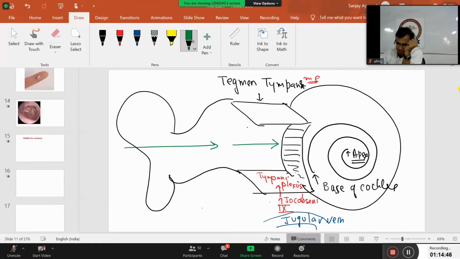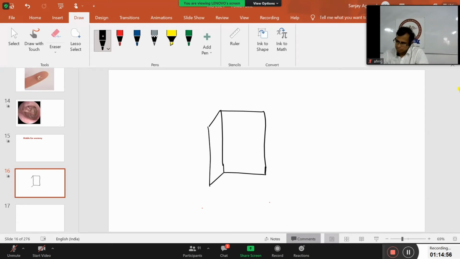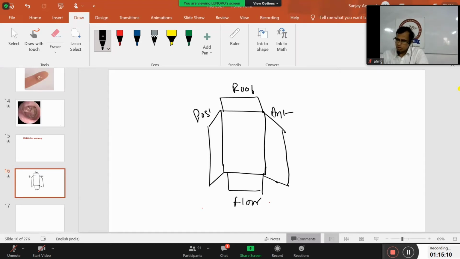Can I draw it like this? This is your roof. This is the floor. This is the anterior wall, this is the posterior wall, and this is the medial wall. Isn't it?